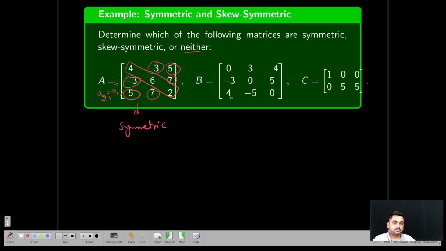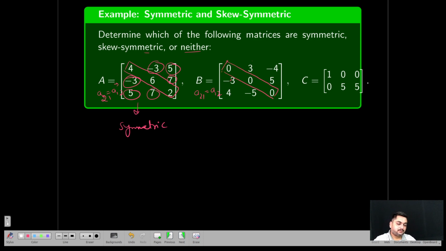Now, is this a symmetric matrix? Let us check. A of 2, 1 should be equal to A of 1, 2. But here they are not equal. It's minus 3, it's 3. So it's not symmetric. Is it skew symmetric? We'll check. First, the diagonal elements should be 0. Yes, diagonal elements are 0.